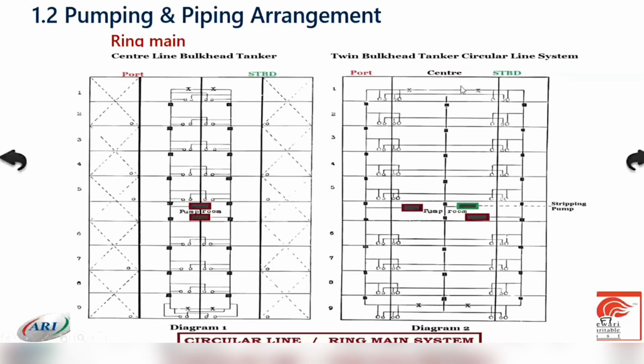So in addition to this ring main, you can see one more line at the center which has its own bell mouths connected to each tank, port, center and starboard. That is the stripping line. This is a small diameter line. The main pumps and the main pipelines are used for bulk discharging, and this small diameter pipeline is connected to the stripping pump, a positive displacement pump used to take out the last bit remaining in the tank.